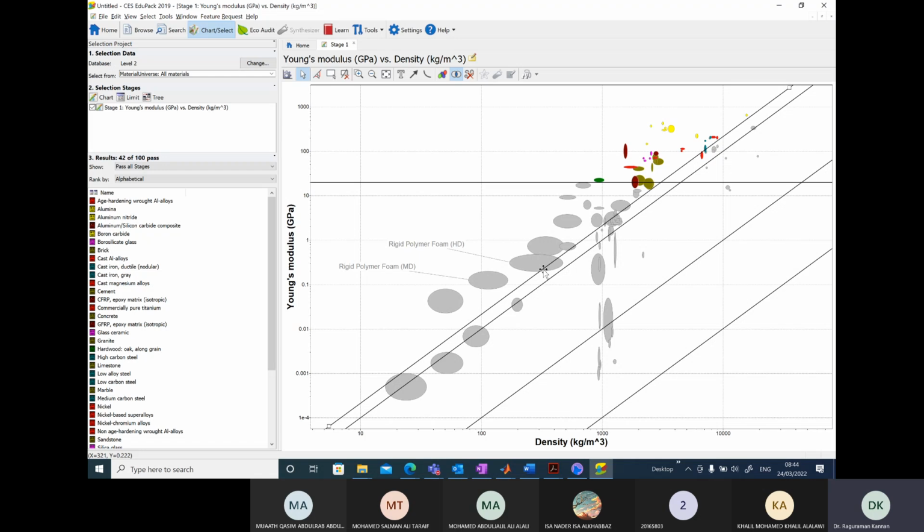If you are aware of that, then you can choose the typical minimum value of E to be those values. So depending upon the application, your material indices, the limits of the values of material properties, all will change. Okay.